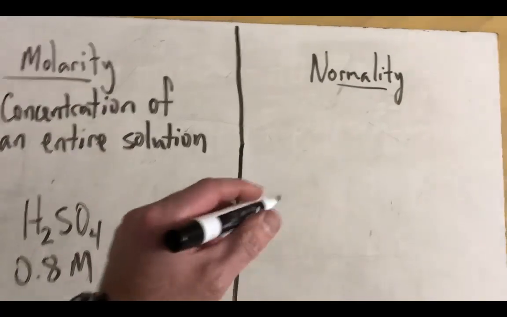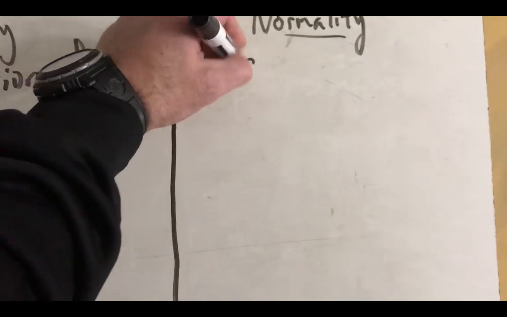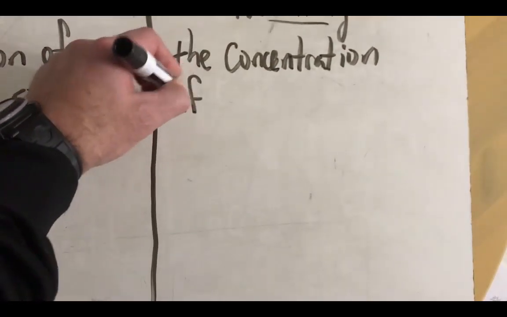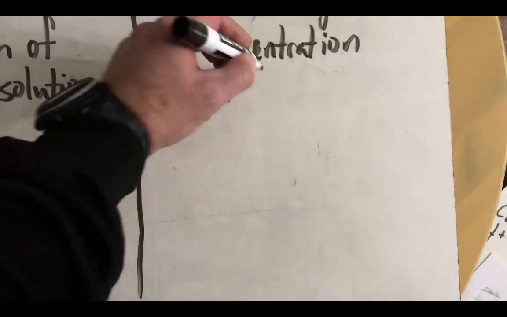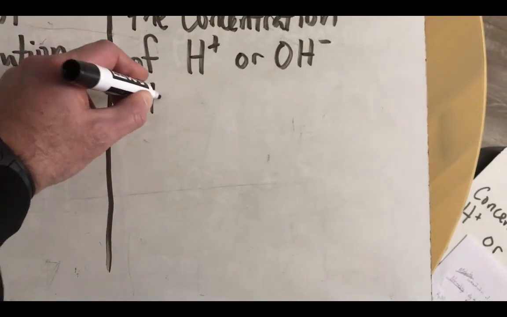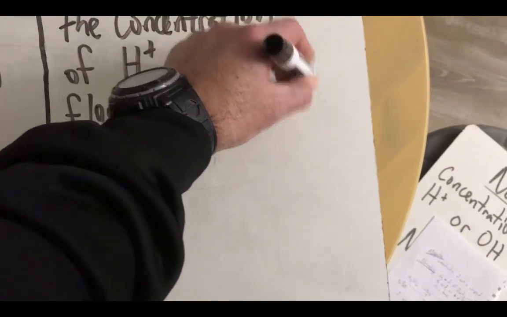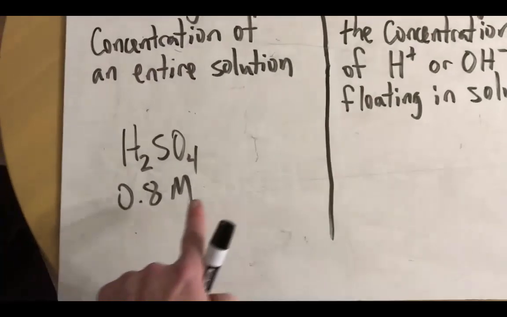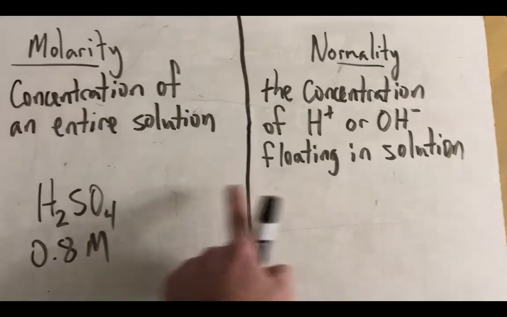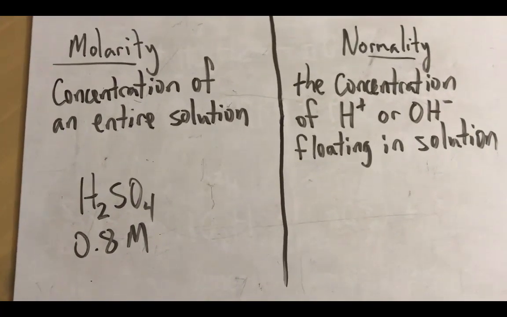When we're talking normality, we are switching gears here, and this is the concentration of hydrogen ions if we're talking about an acid, or hydroxide ions if we're talking about a base, that are floating around in that solution. So if we take our H2SO4, and let's say we needed to find the normality, which we're going to need to use our equation for titration.